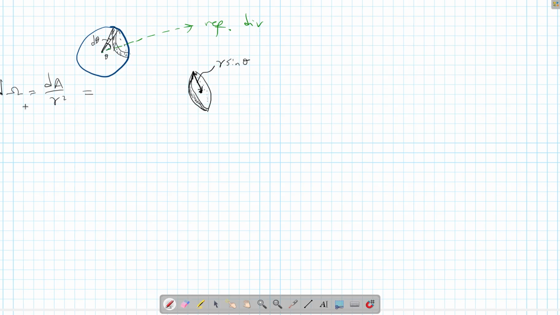Okay, so the differential solid angle is going to be the circumference of the annular cut times r d theta. What is r d theta? So where is it coming from? Actually, it is some sort of this.